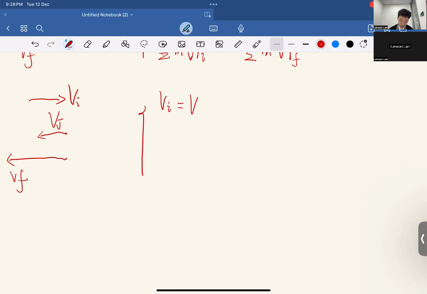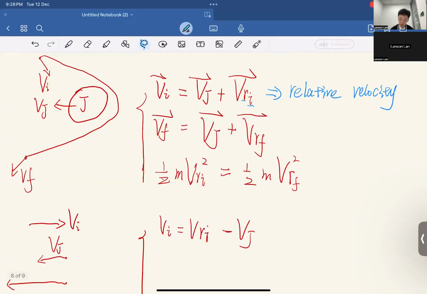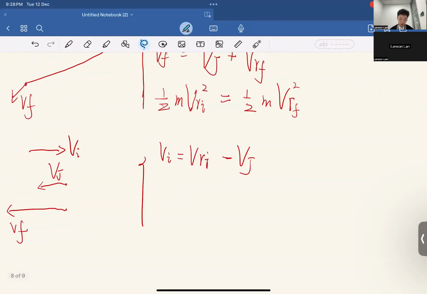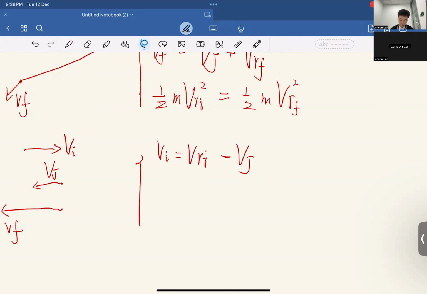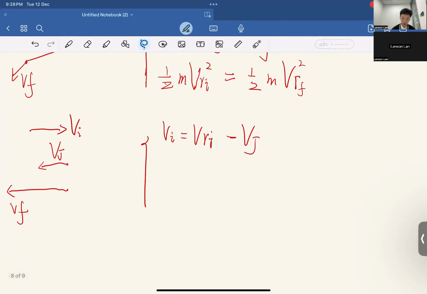VI equals VRI minus VJ. As mentioned before, although there's a plus here, they are all vectors, so now we think about the direction issues.